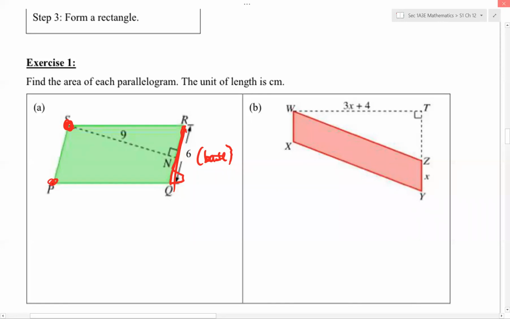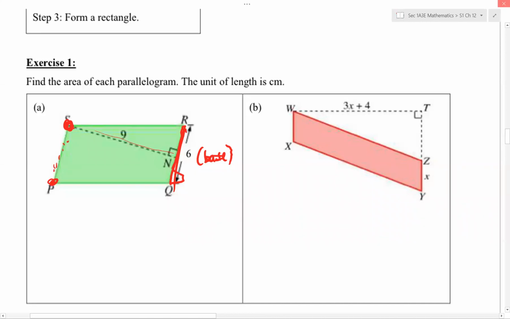What you need to do now, after you rotate, because generally we like the base to be horizontal, rotate your paper such that the base is horizontal. When I rotate my tablet, it doesn't show on the screen, obviously. You can rotate it yourself. Rotate until your QR is horizontal. Then take your set square, place one edge on the base, slide until you either reach point S or point P. Or in fact, anywhere in between will also work.